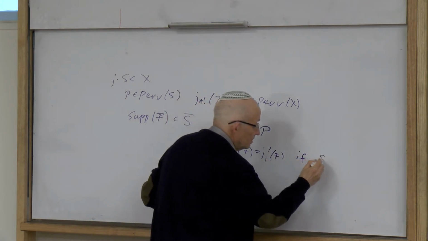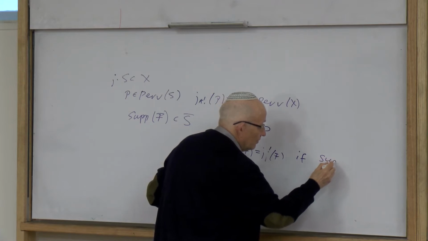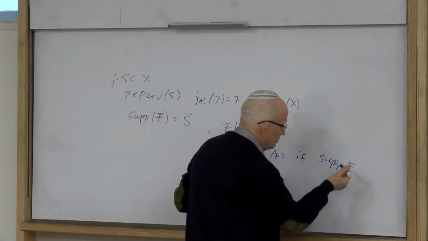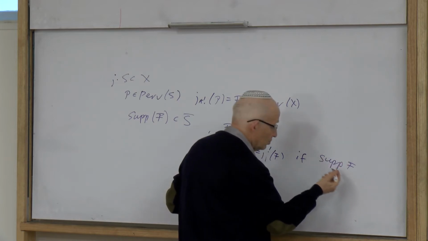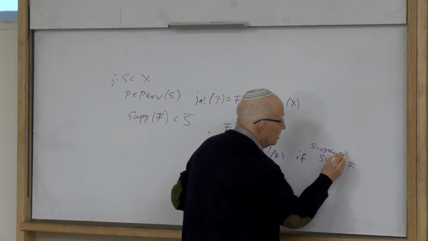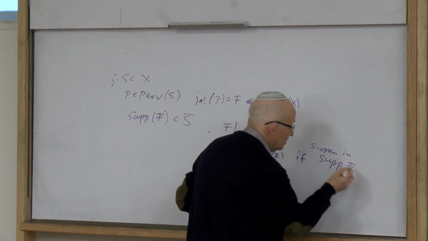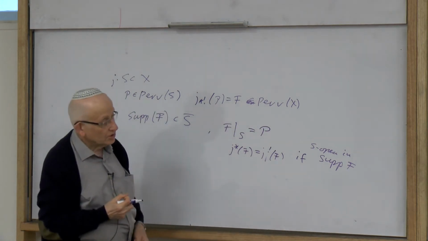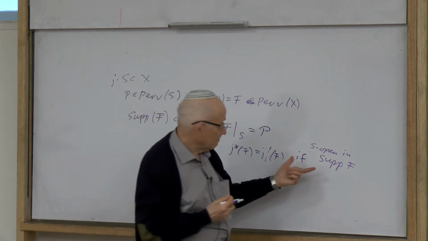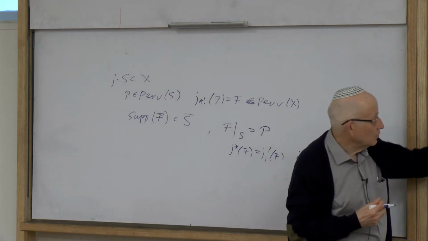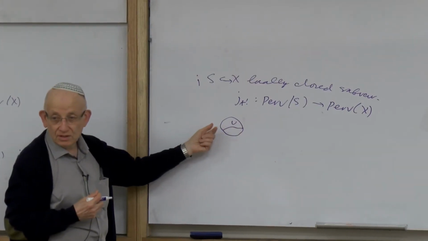So if S is open in the support of F, precisely this kind of consideration shows these facts, because you first restrict F to an open neighborhood, and then S becomes a closed subset.